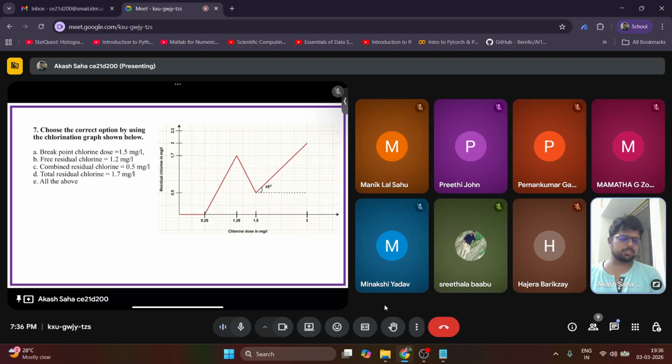So I hope everyone is familiar with the breakpoint chlorination curve. If not, I will explain how to get the breakpoint chlorination curve.